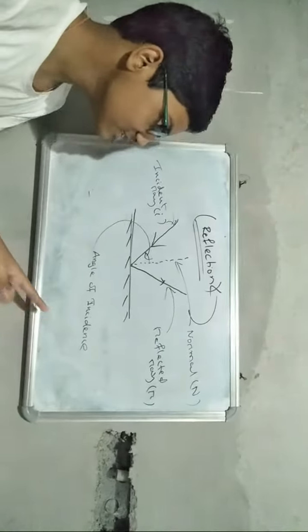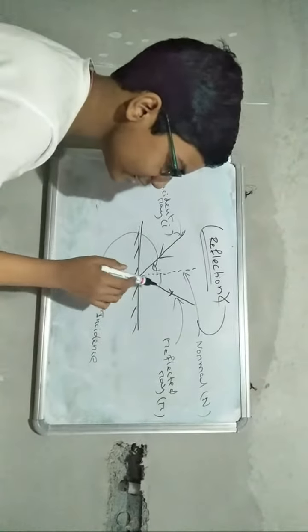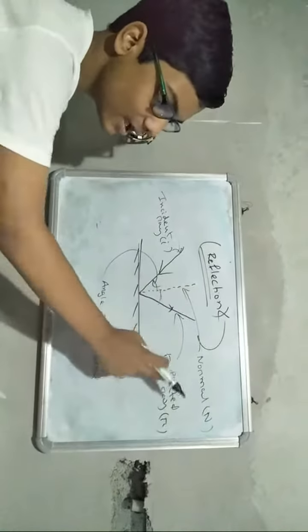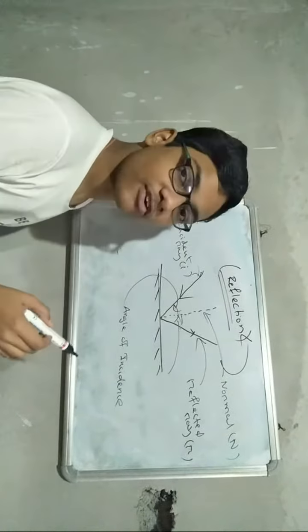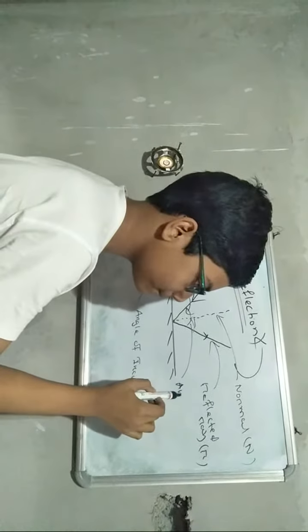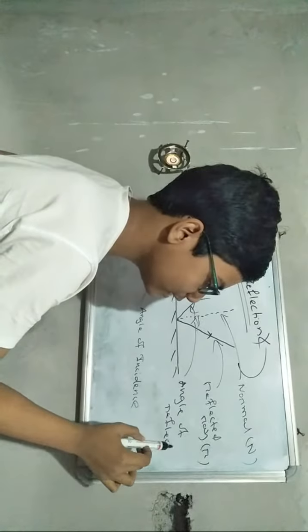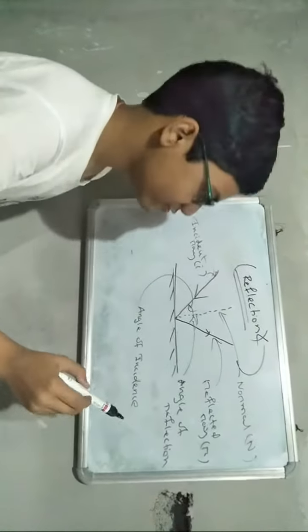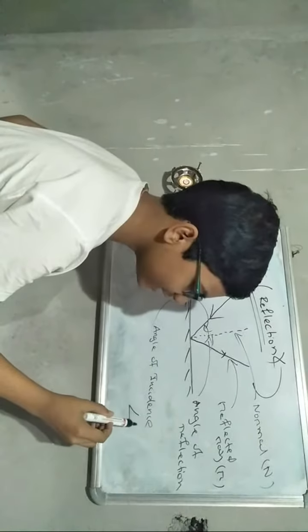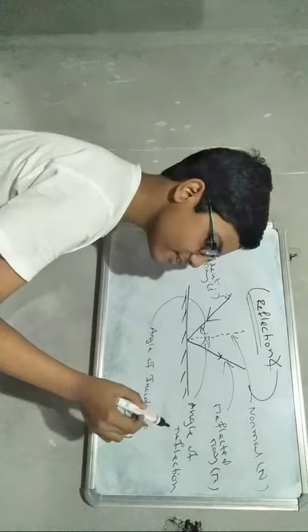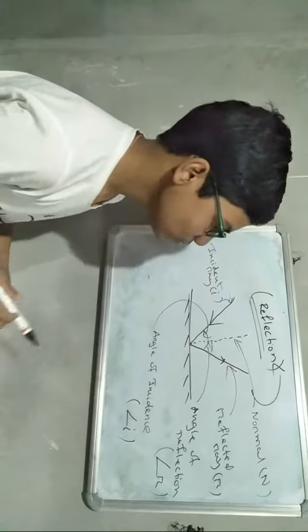And the next one, the angle formed between the normal and the reflected ray, is known as the angle of reflection. The angle of incidence is denoted by angle I, and the angle of reflection is denoted by angle R. Okay, so this is the phenomenon.